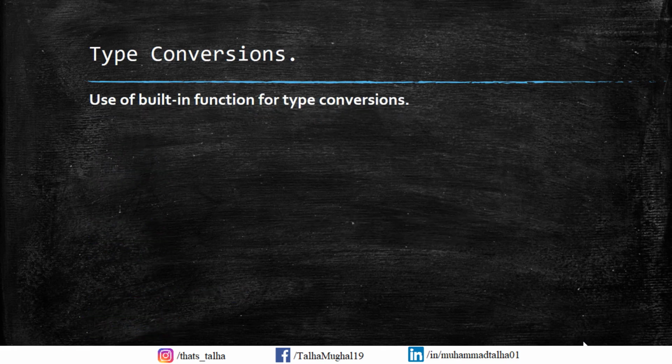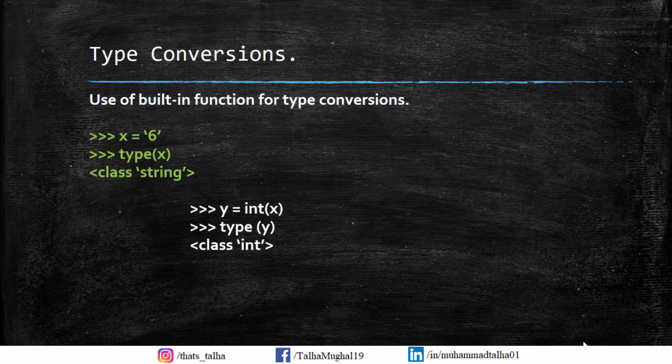We can use built-in functions for type conversions. For example, here I have stored a value of 6 in the variable x, but this time I have stored this value using inverted commas, which means that this is a string. Now on checking the type of the data, as a result I will receive the class name string, but I can change the data type of x using a function called int.